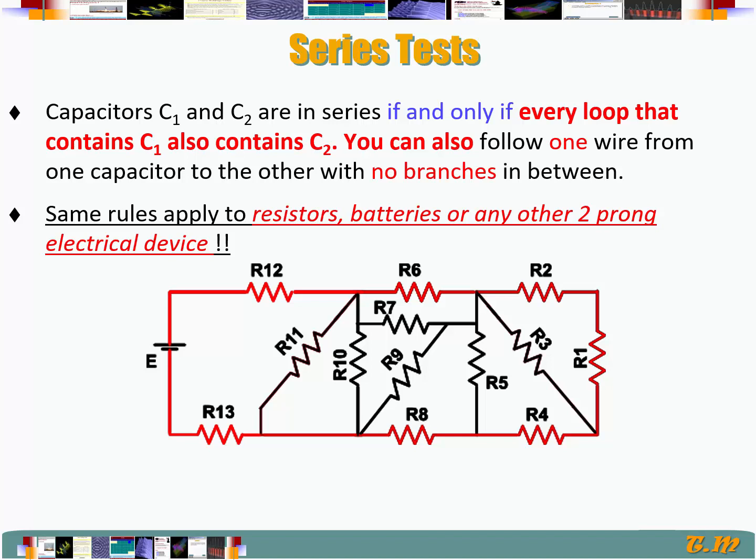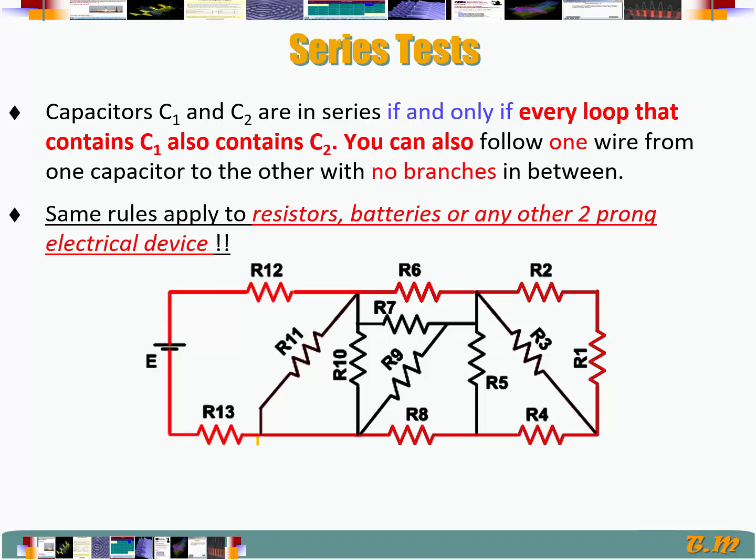So if I try to go this way, there is a branching. I cannot do it. If I try to go the other way around, there is a branch. So that's not going to work for R12 and R6.